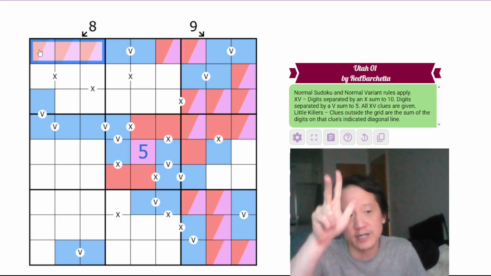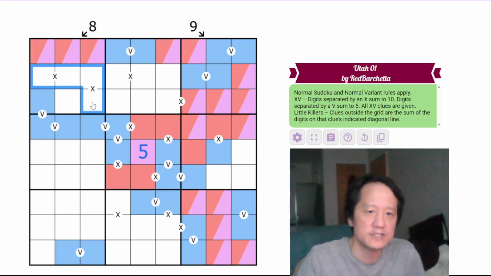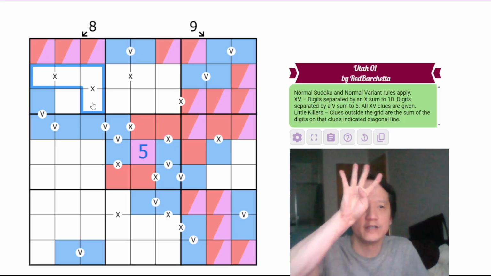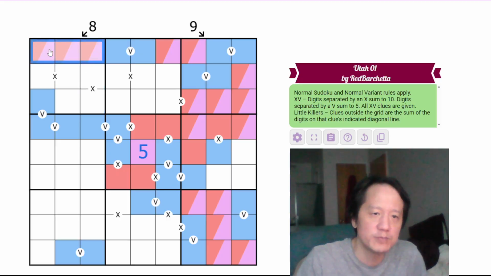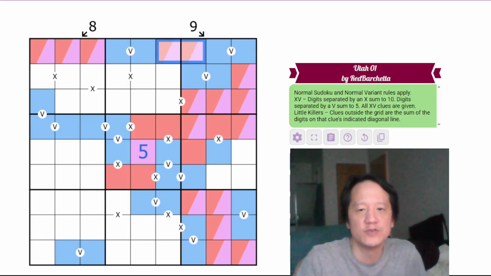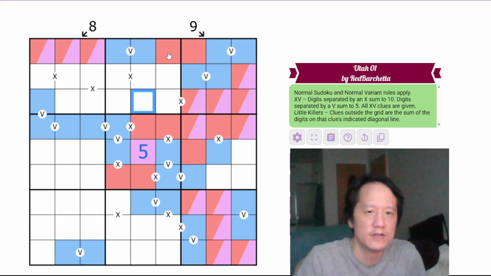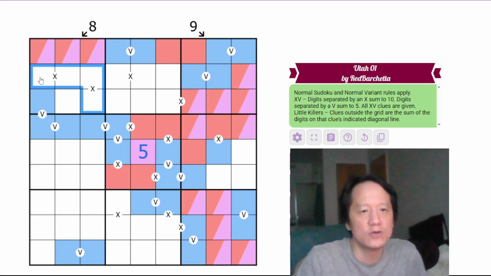It cannot be 3 high digits because we have 2 high digits here, and there are only 4 high digits in total. So this must be 2 highs and a 5, which means the rest of the digits in the row cannot be a 5. These are 2 high digits. And since we have all the high digits here, this cannot be a high digit and it cannot be a 5. Therefore, this is a low here.